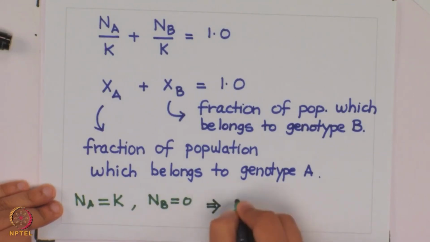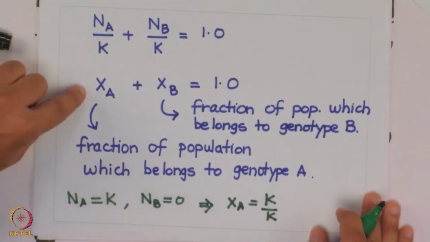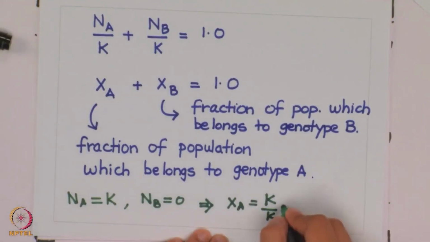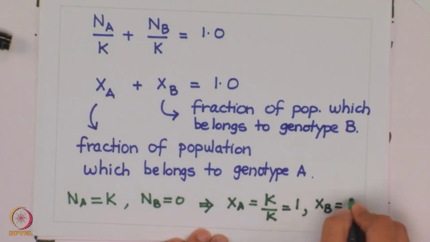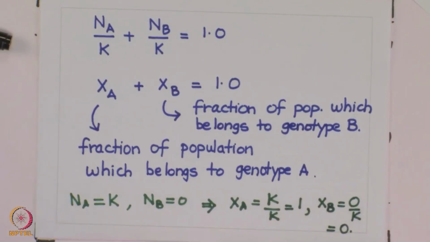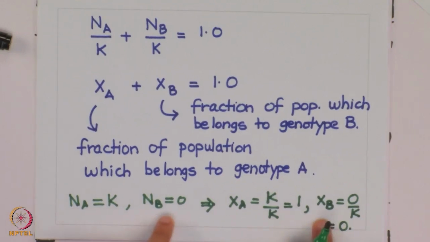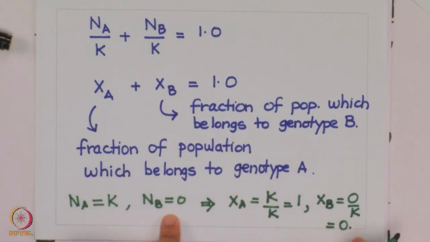In such a situation, Xa will be K upon K. Remember, Xa is defined as Na divided by K. So, Xa is equal to K by K, which is 1, and Xb will be 0 by K, which is 0. So, the fraction of the population which belongs to genotype A in such a scenario is equal to 1, and the fraction which belongs to genotype B is equal to 0.